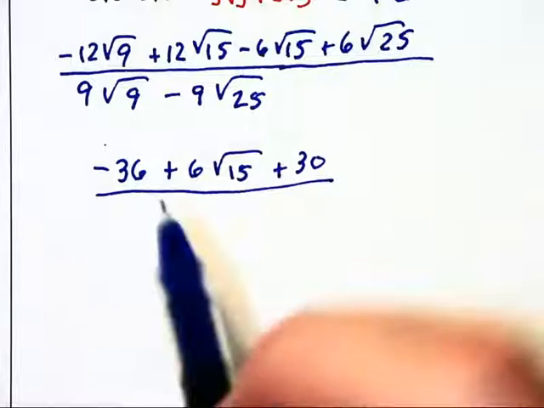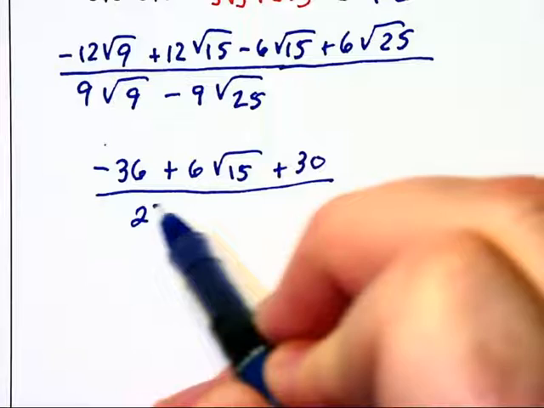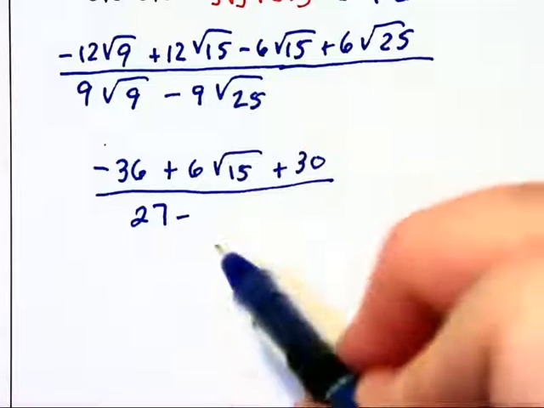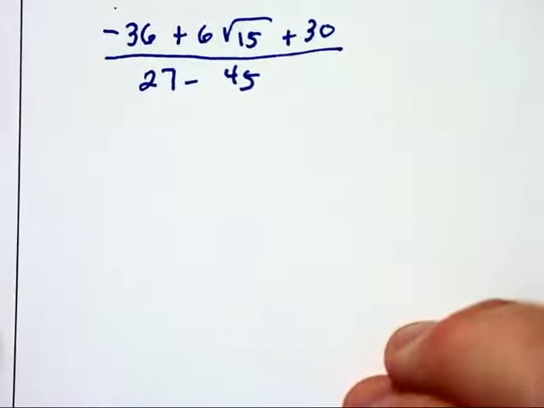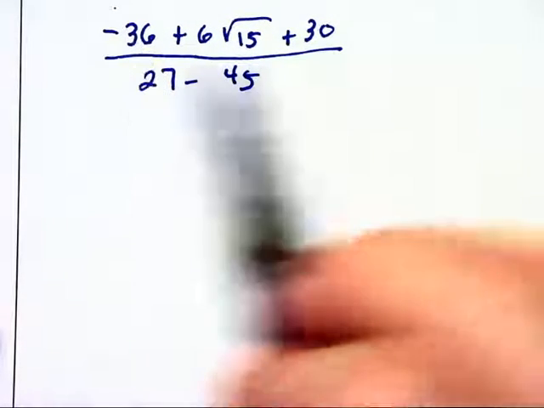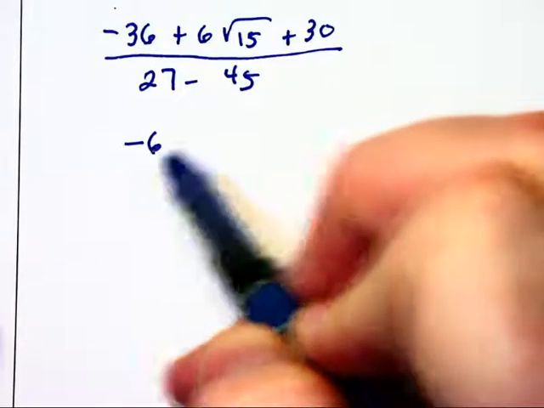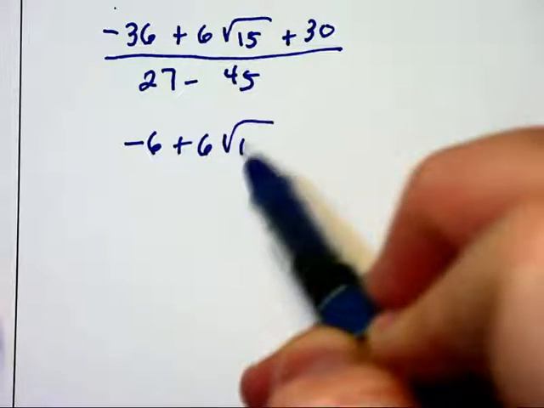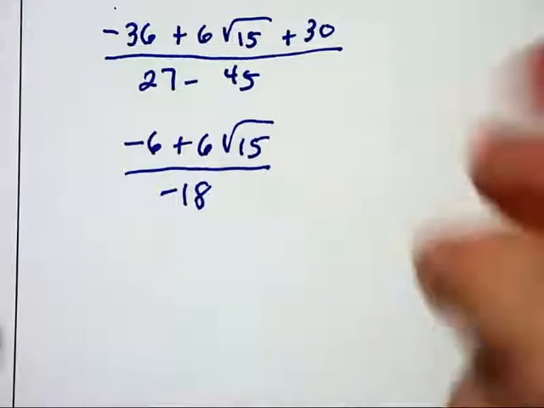Down in the denominator, 9 root 9, that's 9 times 3, which is 27, minus 9 times 5, which is 45. Let's keep going. Up in the numerator, when we combine the negative 36 and the 30 together, we're going to have negative 6 plus the 6 root 15, and 27 minus 45 is negative 18.